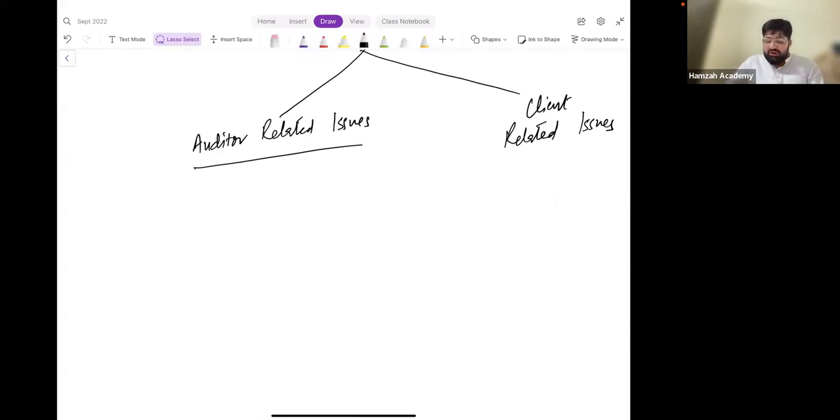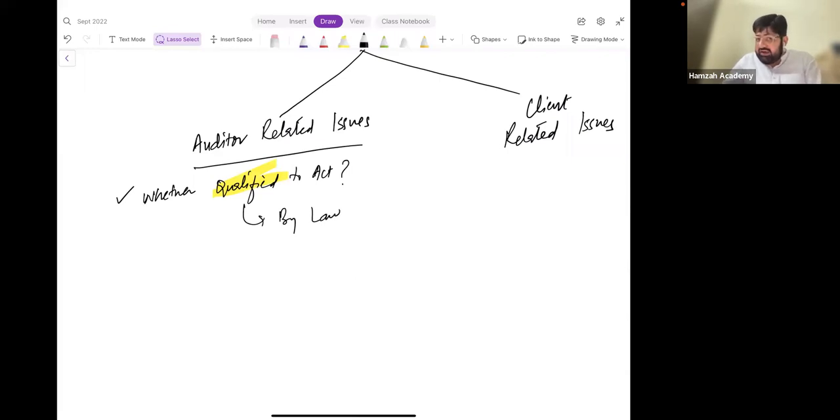Now, when we talk about auditor related issues, what are they? First of all, the auditor needs to consider whether he is qualified to act as auditor. Qualified means qualified by law: the auditor is allowed by law to act as auditor of that company or not. Then the second thing is whether resources are available for audit.